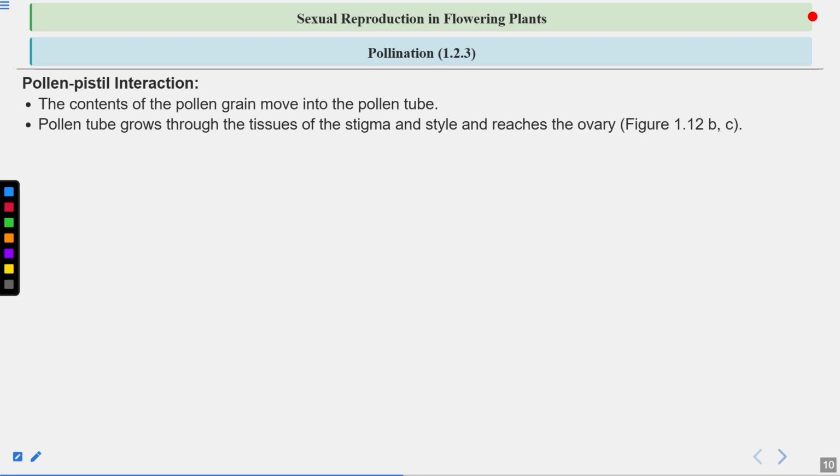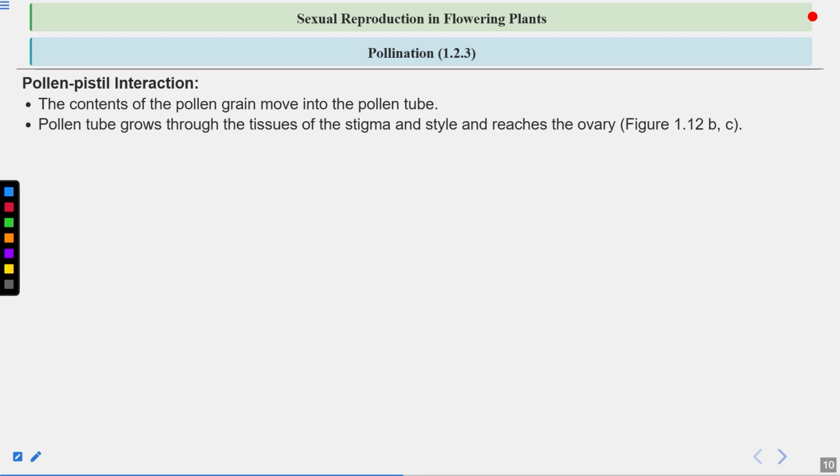But if the pollen grain is not compatible and it somehow gets germinated, then it will be stopped at the stigma level. Suppose it can penetrate the stigma, it will be stopped at the style level. Suppose it penetrates the style, it is stopped at the ovary level.